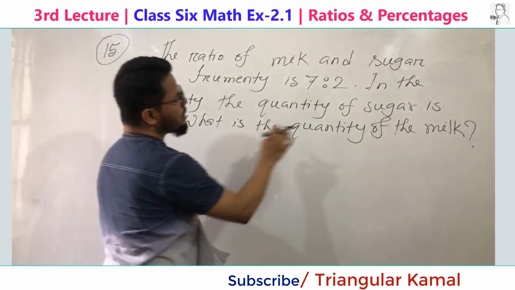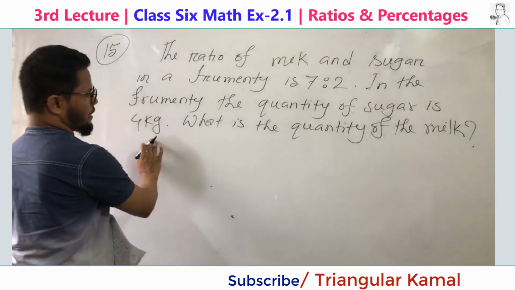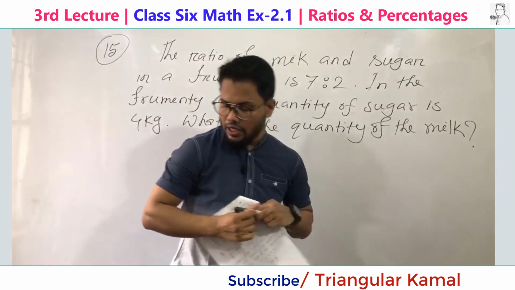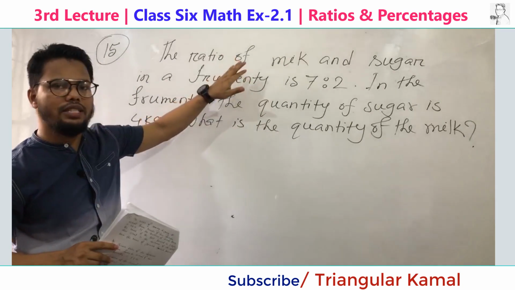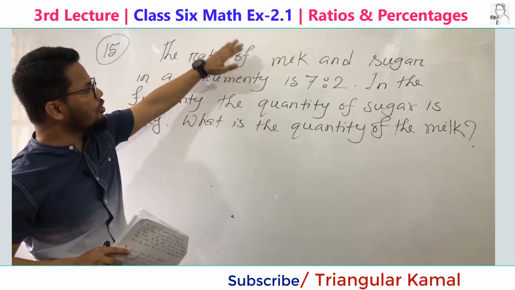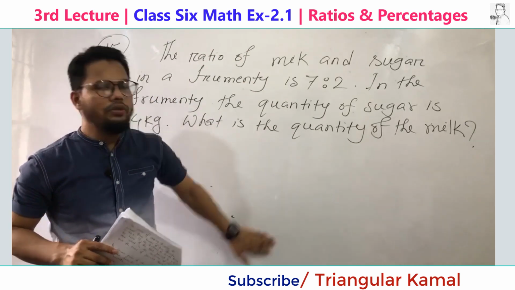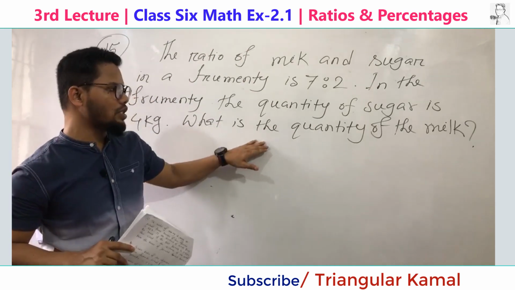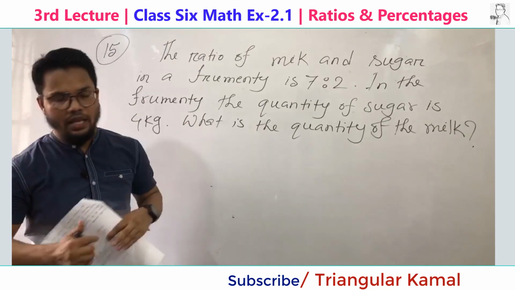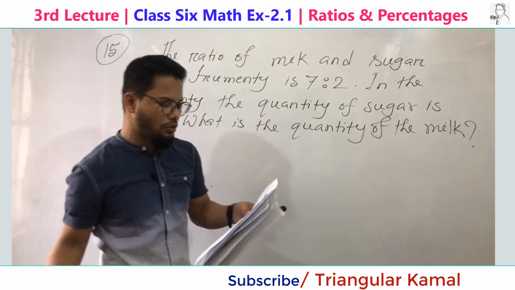In this frumenty, the sugar is 4 kg. Then what is the quantity of milk? We have already done these types of maths many times. All the previous maths used equivalent ratios. Please do this maths and write the answer here. And if you have any question, you can comment also.